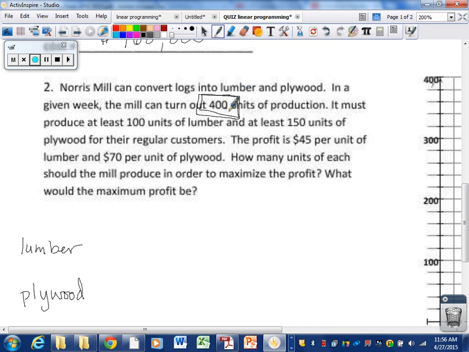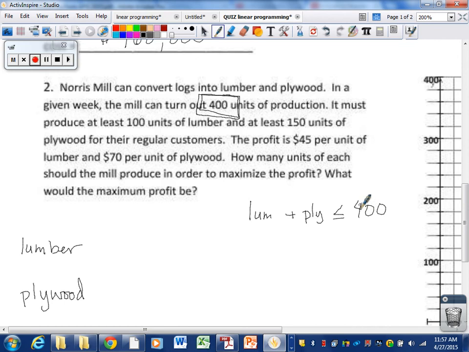That's the maximum weekly production capacity for this mill. So some amount of lumber plus some amount of plywood cannot exceed 400. That's your basic linear relationship, and that's equation number one.